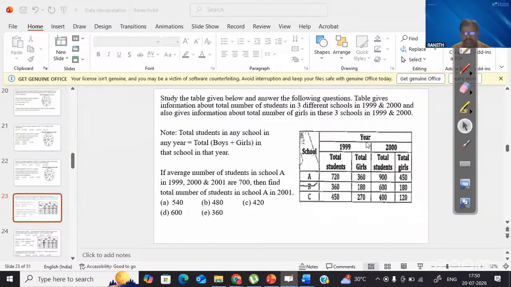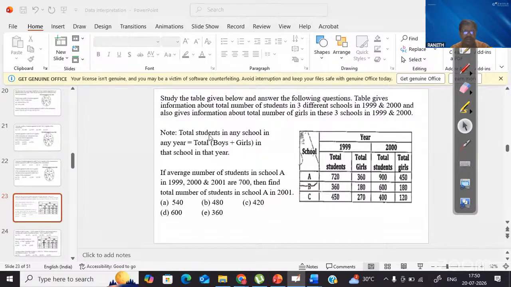So he has given the year and school ABC, total number of students, total girls. In 2000, total number of students, total girls. So note, the total number of students in any school in any year is total boys and girls in that school in that year.